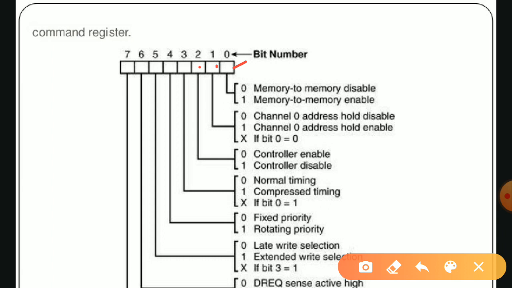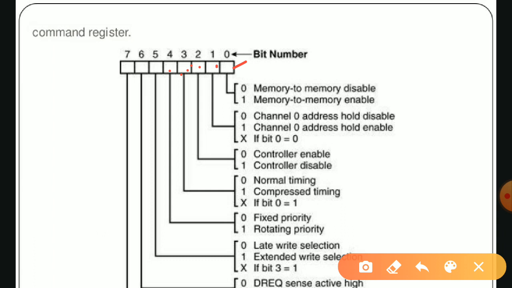The next one, bit position 3, indicates normal timing or compressed timing. And bit number 4 indicates fixed priority or rotating priority.